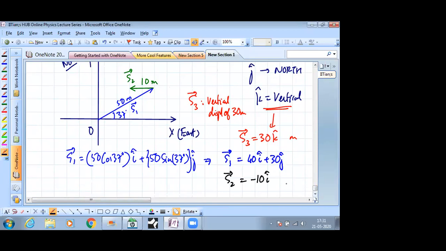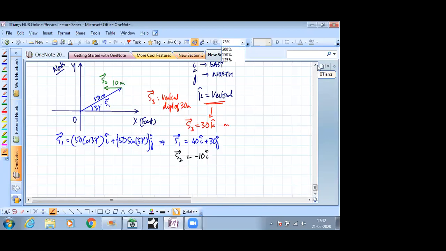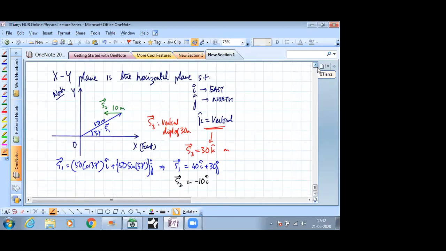So now you just sum up these three to find the net displacement in three-dimensional component form and then find its magnitude. That's all you have to do. So this question becomes actually as simple as that once we incorporate this three-dimensional system. So quite an easy question, as you can see.